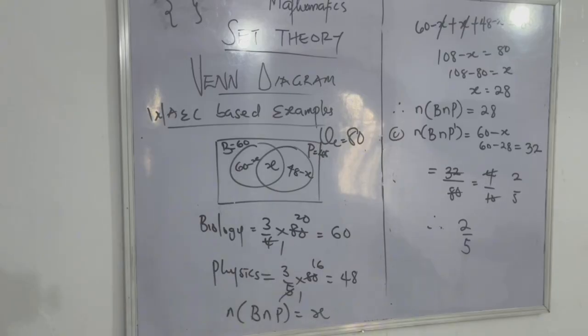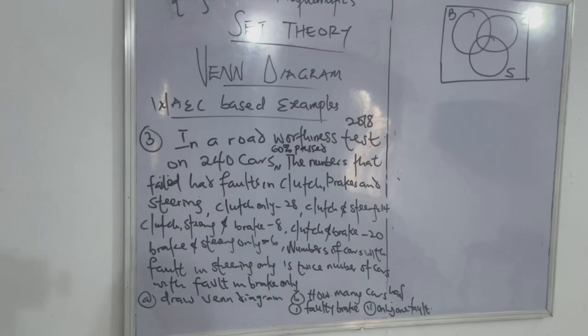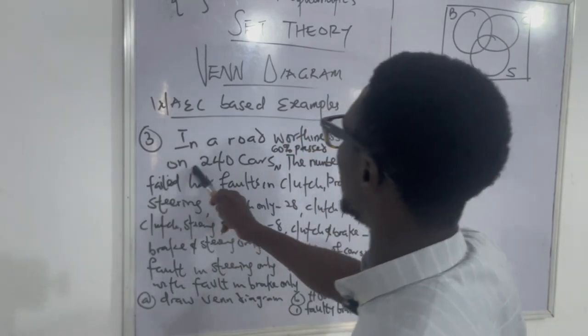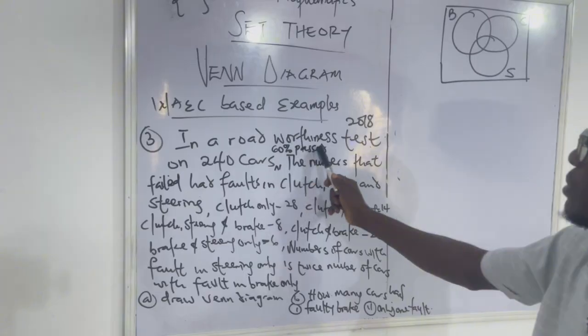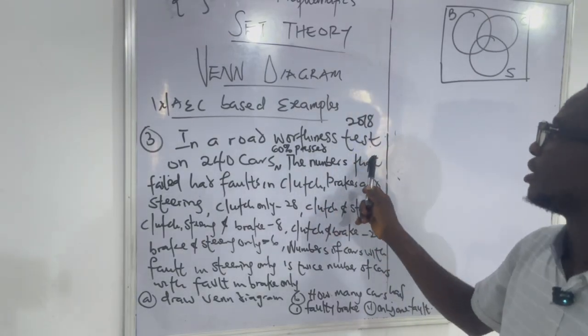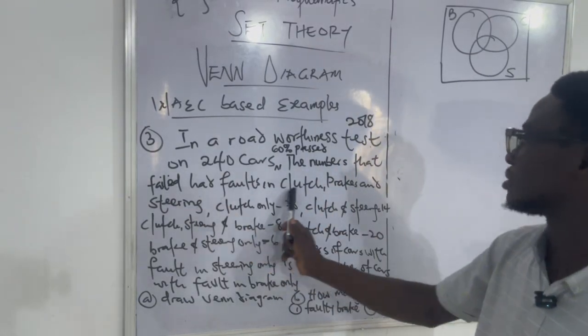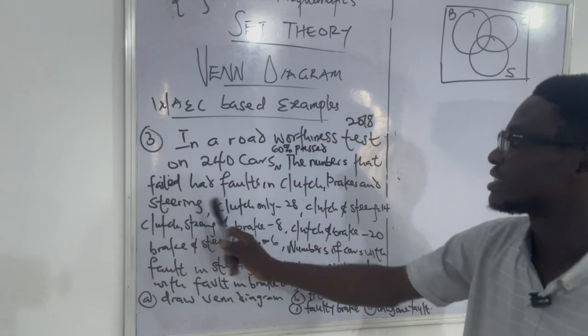Then we can now talk about one very last question, and the question goes thus. It says that in a roadworthiness test on 240 cars, 60% passed. The numbers that failed had fault in clutch, brakes, and steering.